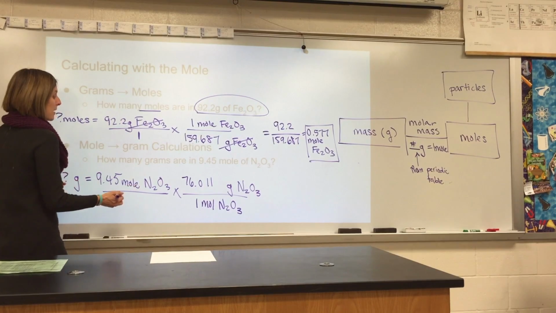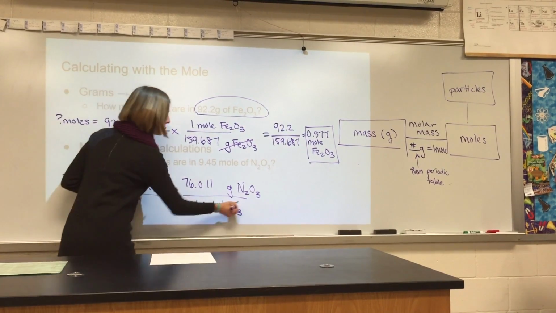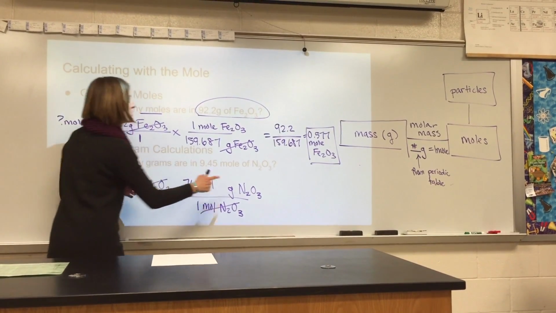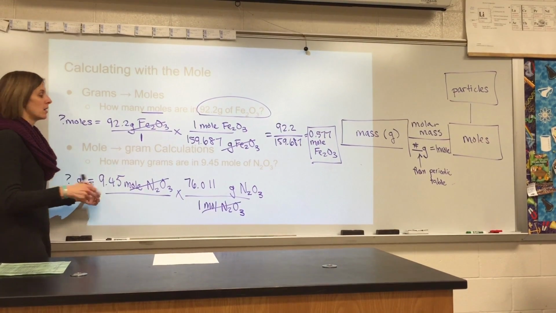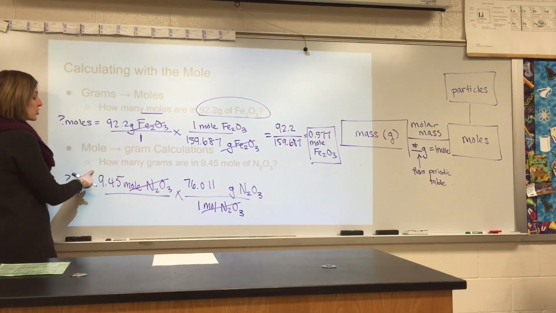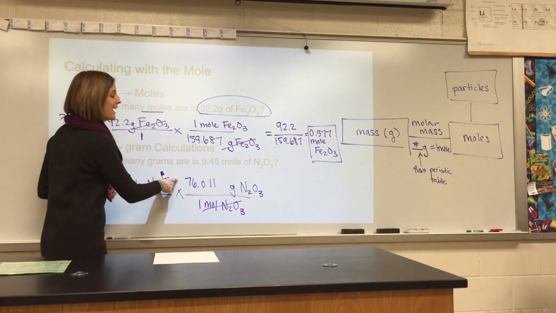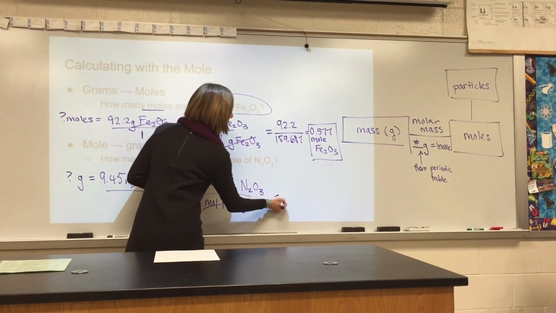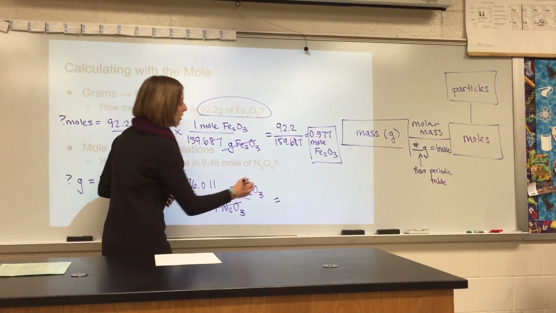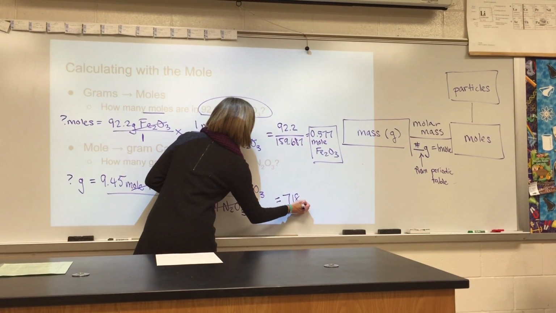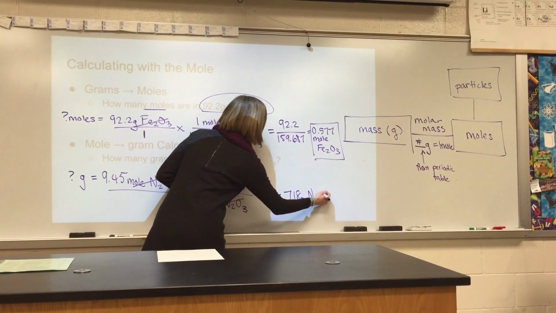So now if I focus on tracking my units, my moles cancel, I'm left with grams of N2O3, which is what I wanted. So in my calculator, I would just do 9.45 times 76.011. And that would get me an answer of 718 grams of N2O3.